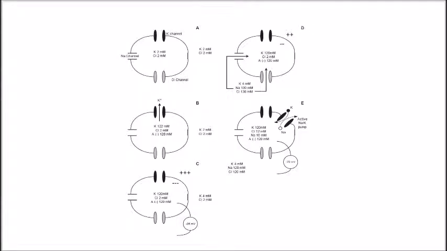Now let's review some of our basic neurophysiology. The upper left in A, let's imagine a cell with potassium chloride and sodium channels, so those ions can move in and out. Let's put 2 millimolar of potassium chloride in the cell.